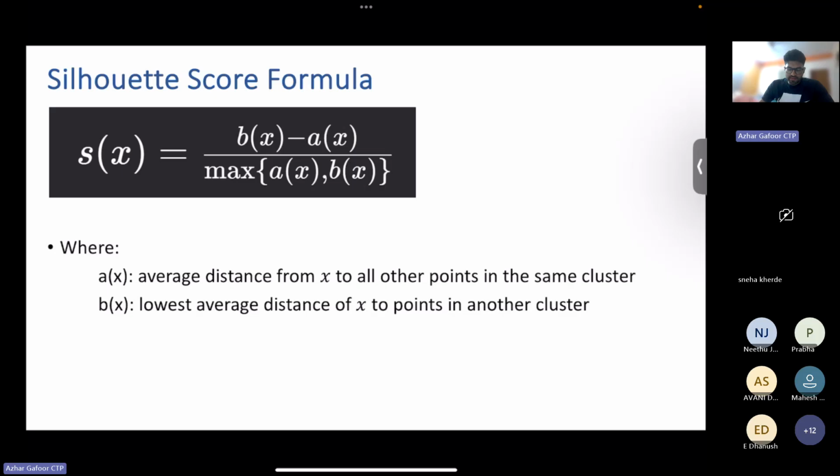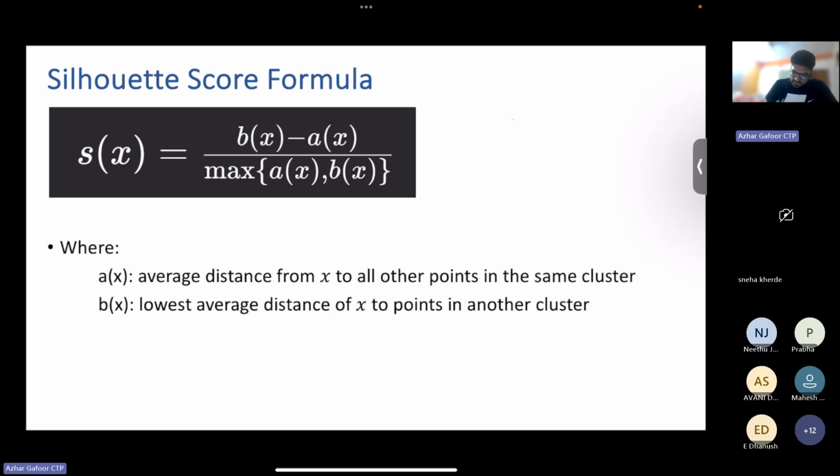So b of x, a of x. X is the data point that we are considering. a of x denotes the average distance from x to all other points in the same cluster.